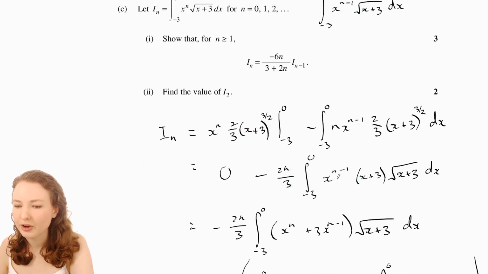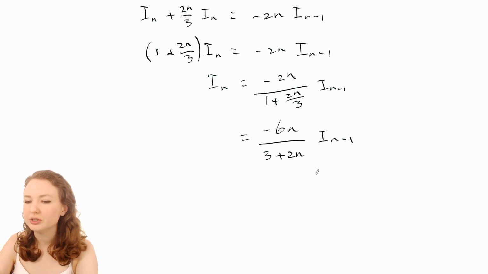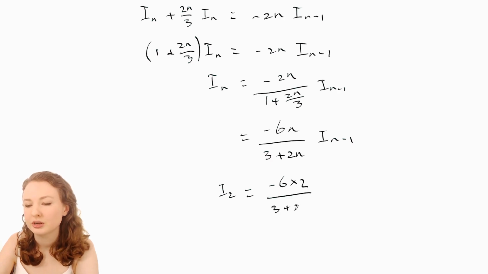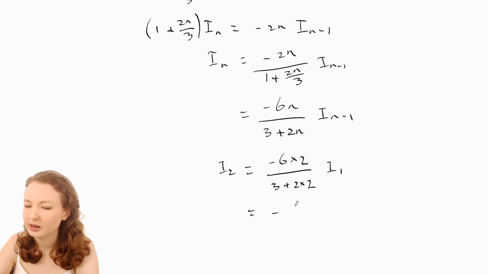And then we wanted to find I2. So using this formula, we could say that I2 is negative 6 times 2 over 3 plus 2 times 2 times I1. So that'll make negative 12 over 7 I1.